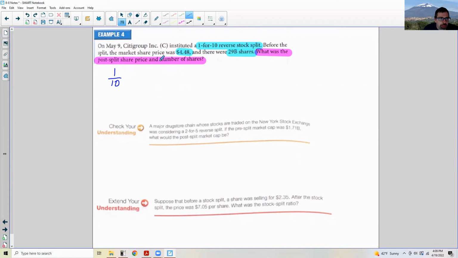What was the post-split share price and number of shares? If we do the number first, we're going to multiply by the 29 billion shares, and it's going to be 1/10 of that. Okay. So we're going to multiply by 29 billion.